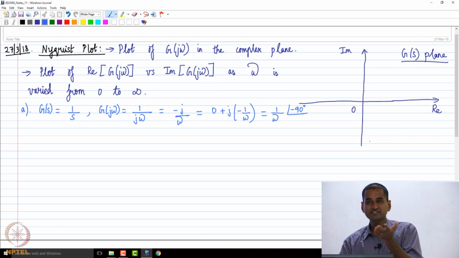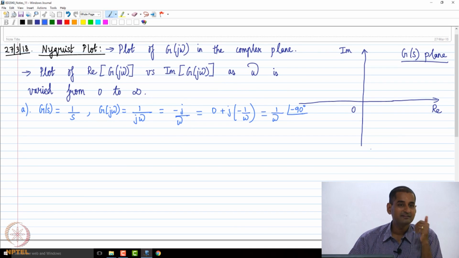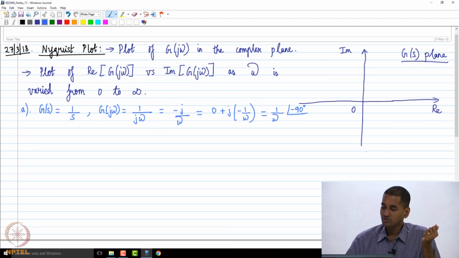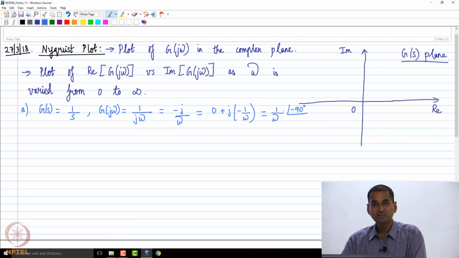So you see that the function is always going to be on the negative imaginary axis. So consequently I can rewrite it like this, and if I want to plot this on the G of S plane, how will it look? What will happen as omega starts from 0, where are we going to start from?